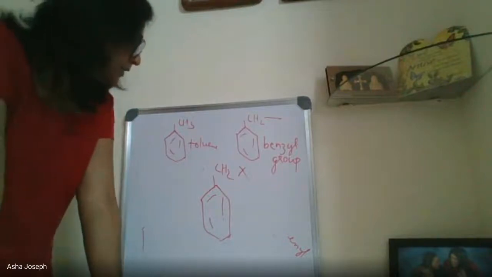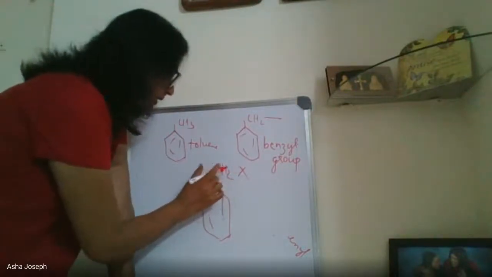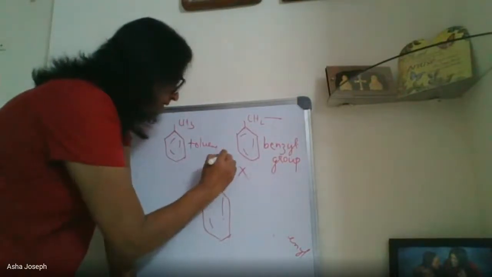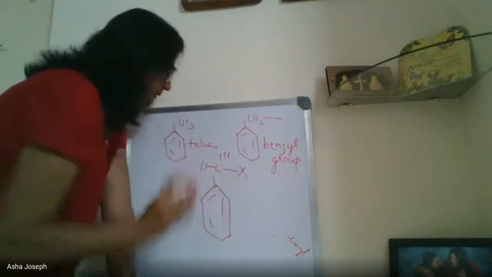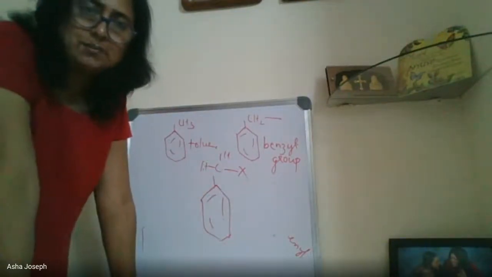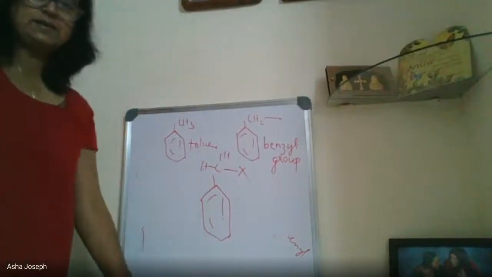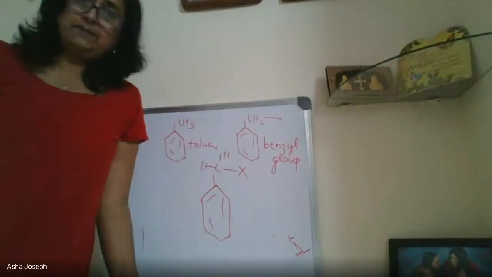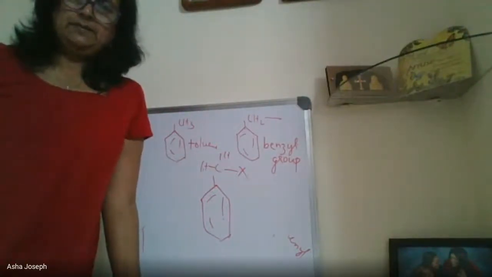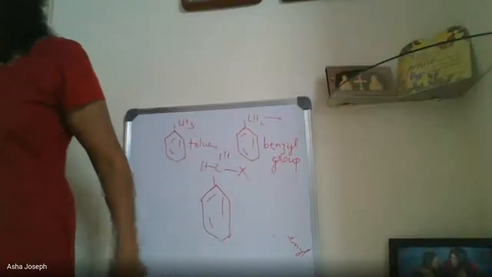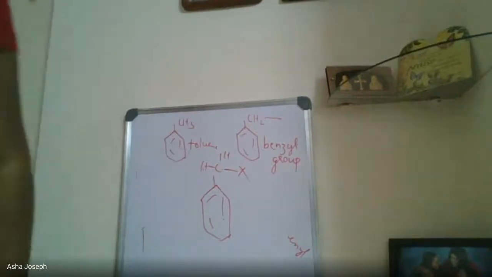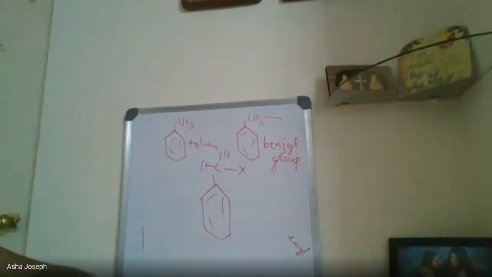Here also, if you see the hybridization, the CH2 has all single bonds, so the hybridization is sp3. Okay? Clear? Any doubts, you can ask. I will repeat this. Benzyl group.